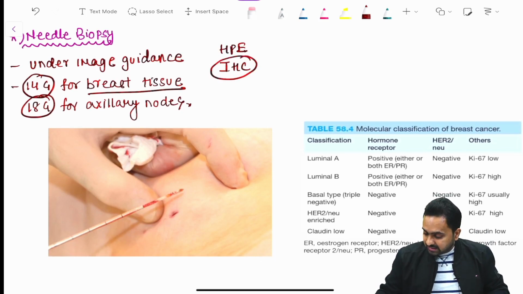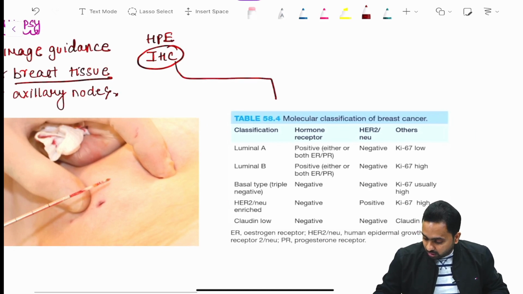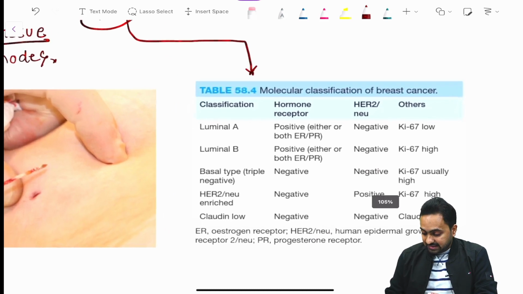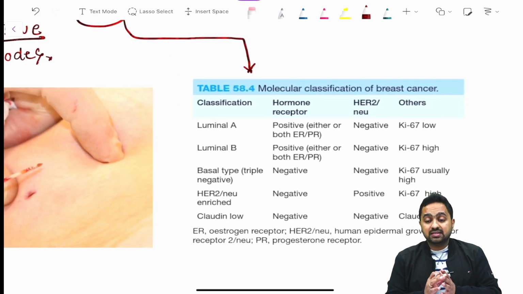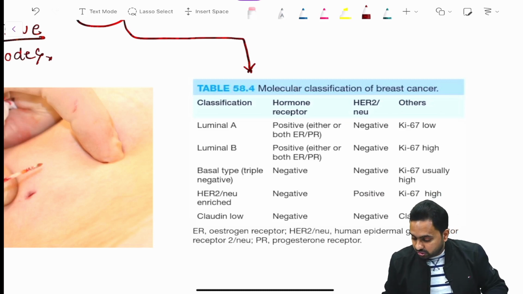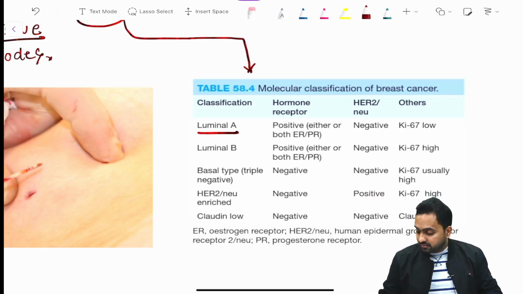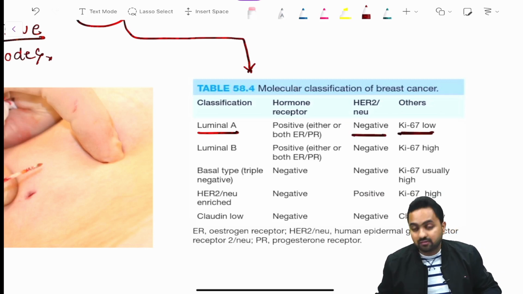Now the IHC is also the molecular classification. So on the basis of the IHC status, that is your hormone receptor status and the HER2 status, a molecular classification of the breast cancer has been developed, which is your luminal A. That is your hormone receptor positive, HER2 negative and Ki67 low.